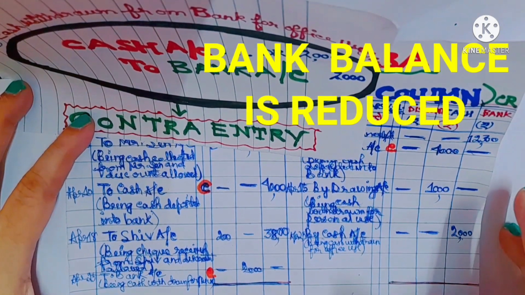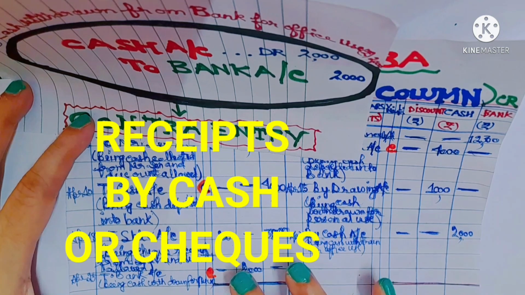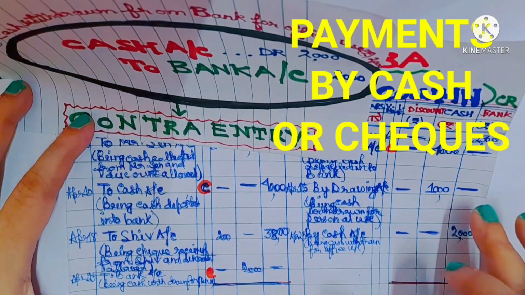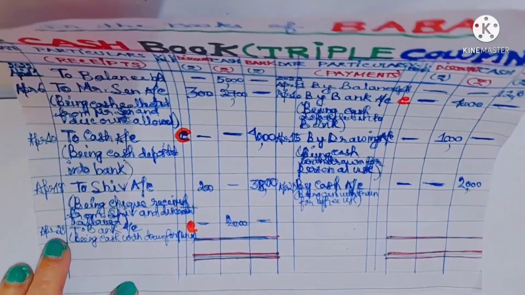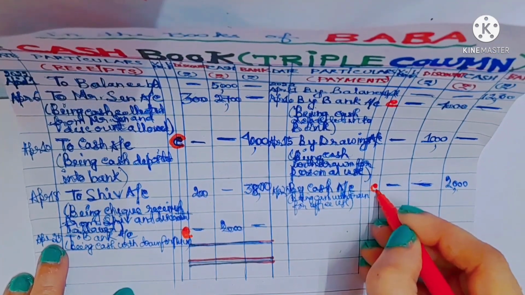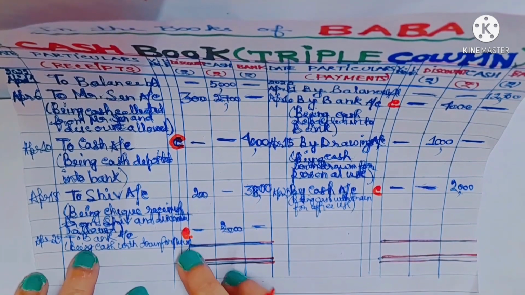Please remember, debit side indicates receipts, either by cash or by check. And credit side indicates payments, either by cash or by checks. So now let's write Contra in the ledger folio column. See, we have written C on the debit side in the ledger folio.